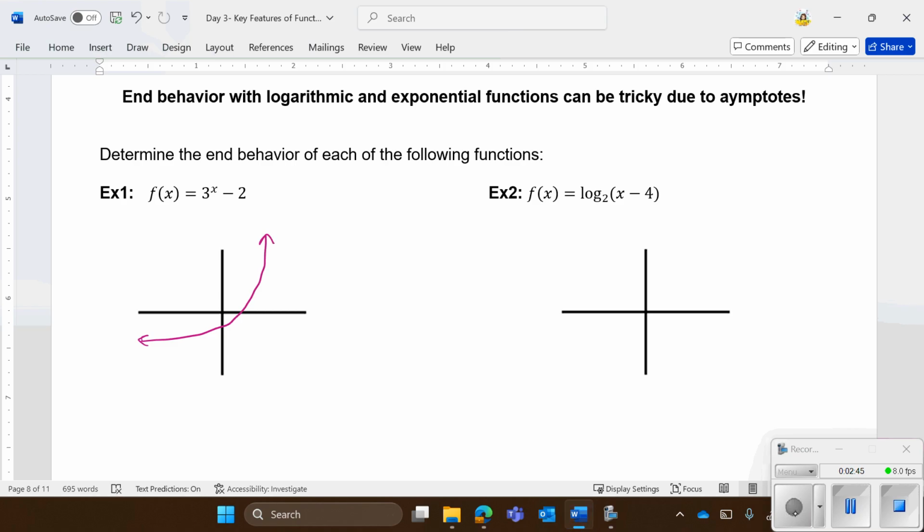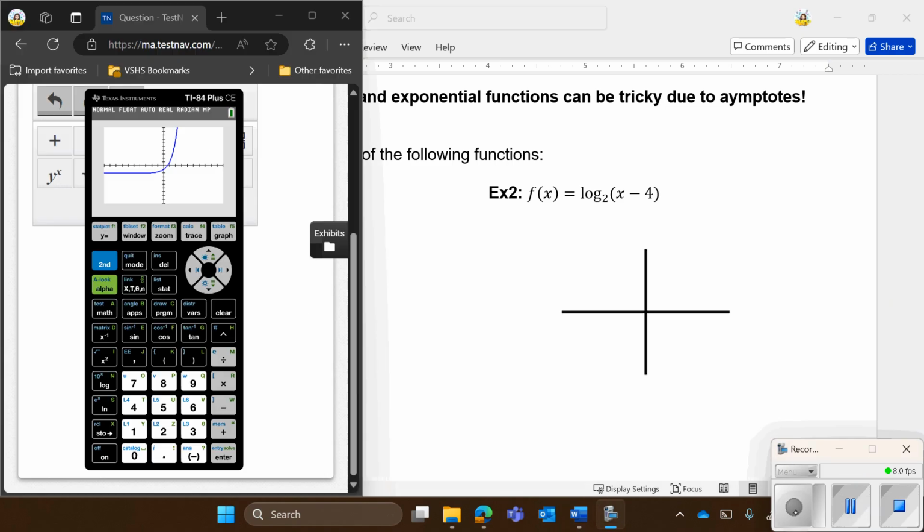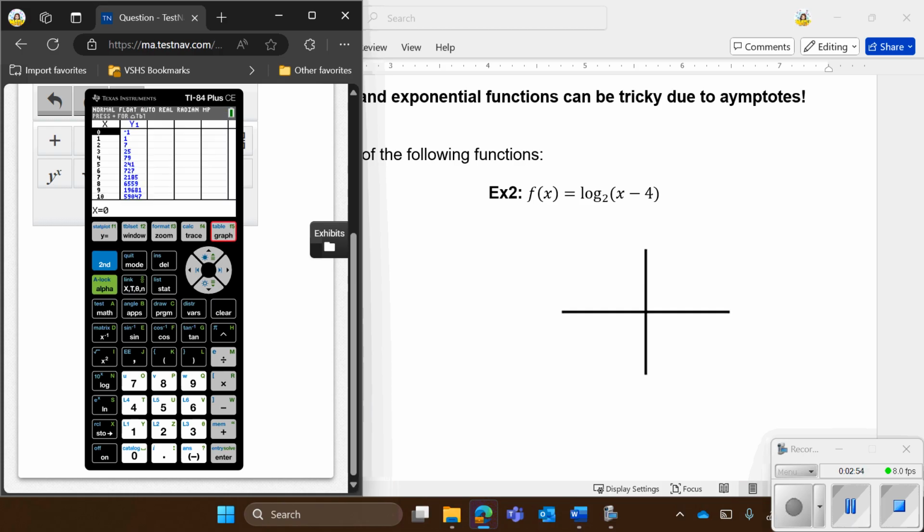It's really important to figure out where this graph flattens out. It's kind of hard to see it looking at the graph, but you can go to the table. If you look at the table, you're going to see as you go towards negative infinity, the numbers start to just be -2. And you're not actually hitting -2. It's just that you're getting so close to -2, the calculator says, well, you might as well be at it.